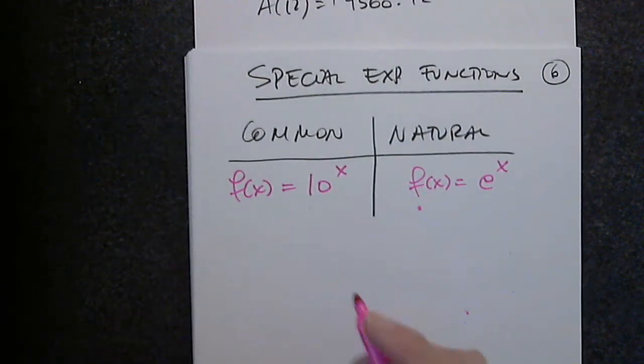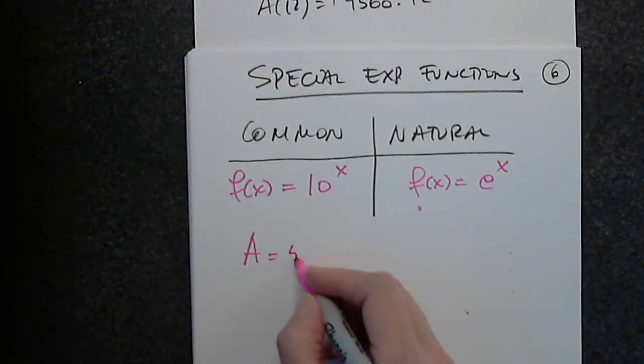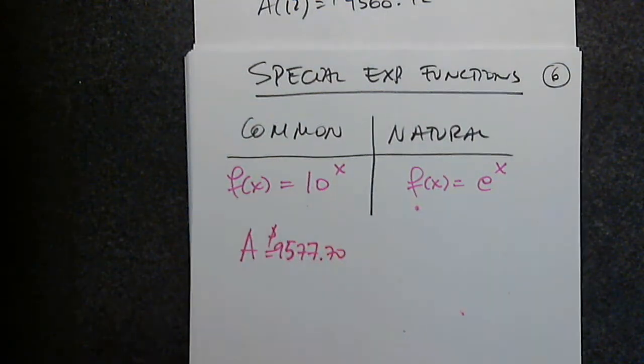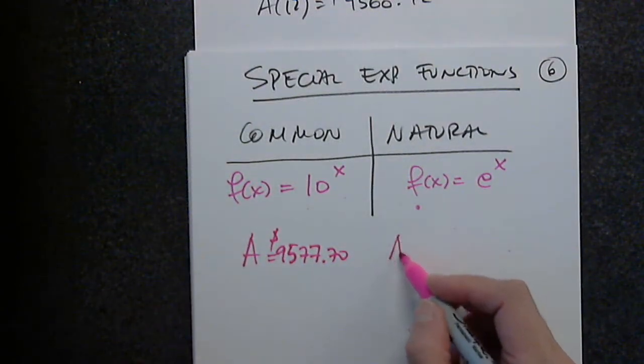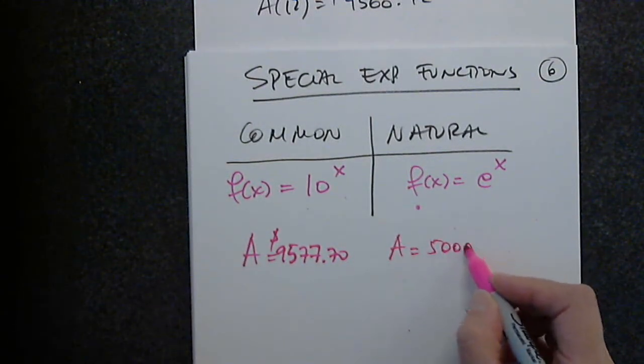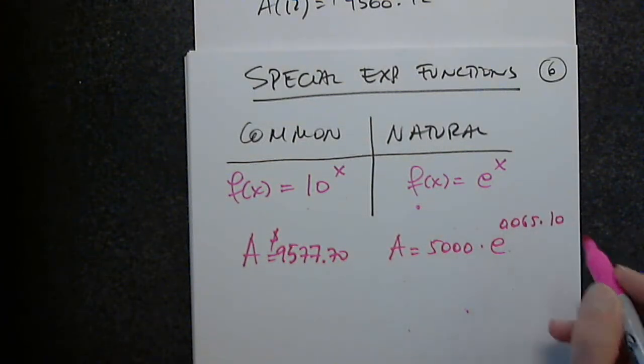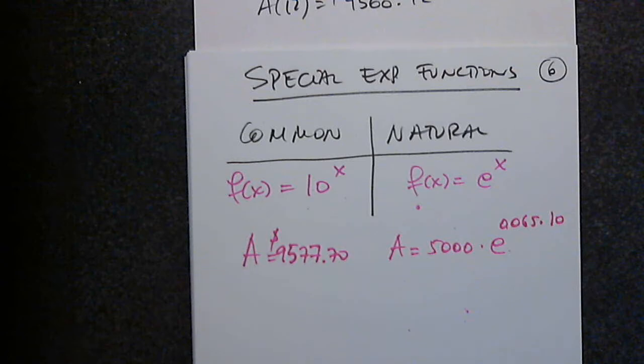So A for continuous is 9577.70. So how did we get this again? We put 5,000 for the principal times e to 0.065 multiplied by 10. That's how we calculated it.